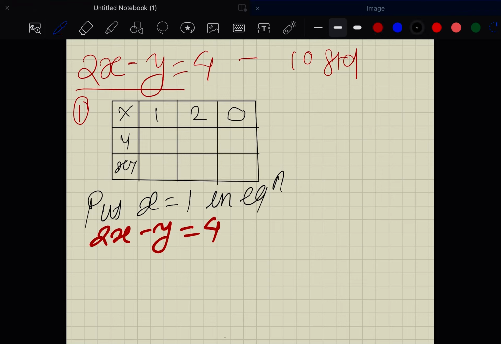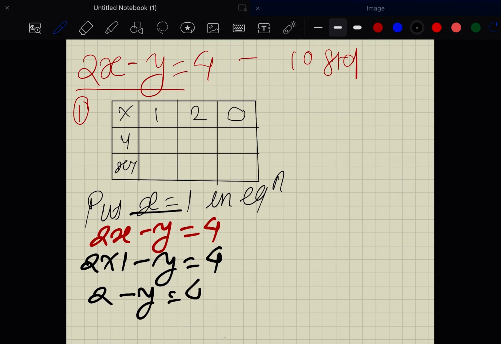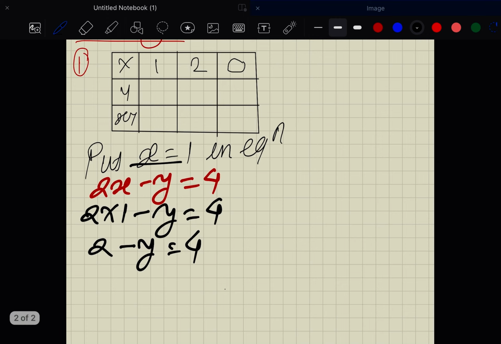Now what is the concept? x is equal to 1. So put x is equal to 1, means 2 into 1 minus y equals 4. So 2 ones are 2, minus y equals 4. Now simplify this. So minus y, if you want to migrate, then migrate. So minus y becomes plus y. So 2 as it is, plus 4.